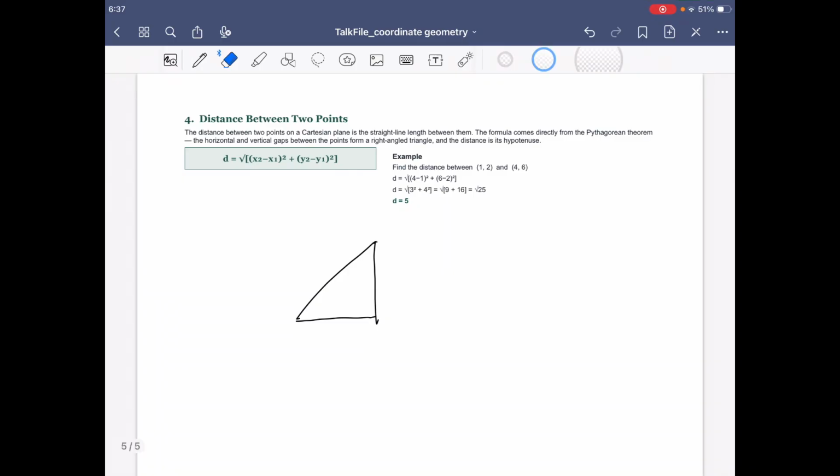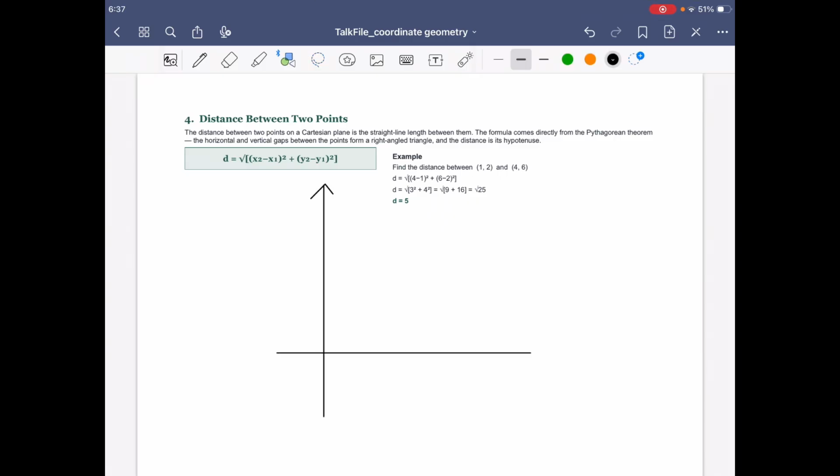No, not triangle. Yeah, this is from triangle, but let me just not use this one. Sorry. There are 2 points here, and then you want to know the distance.